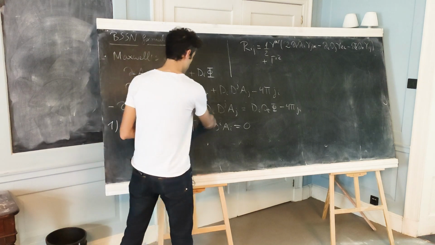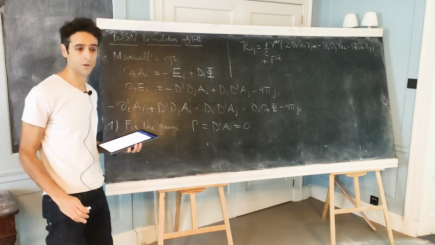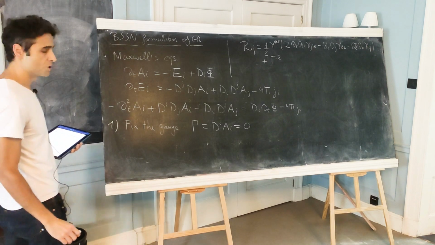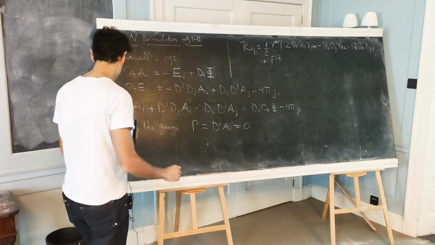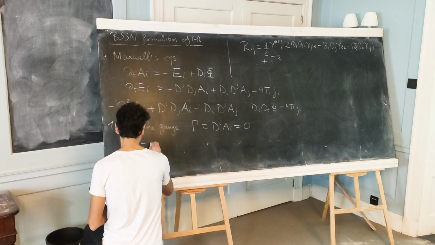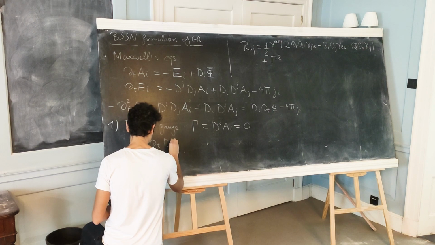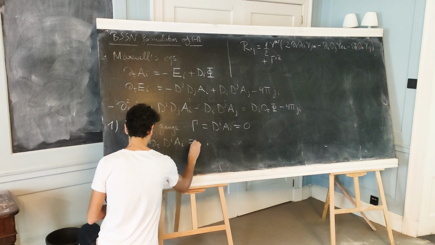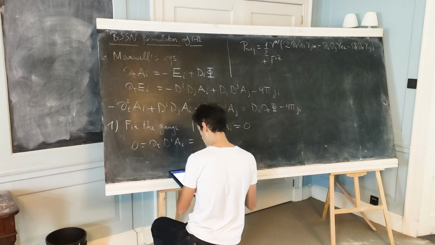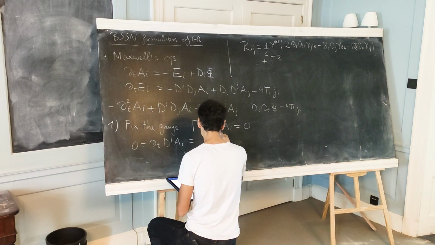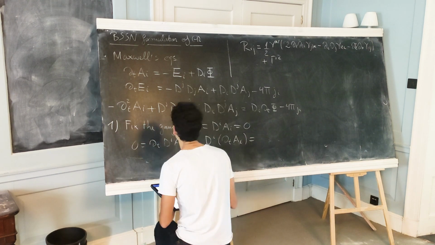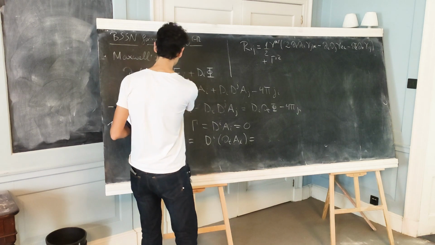Okay, and now if you set this term to 0, you get a wave equation for the vector potential, but this now introduces a constraint. You can derive this constraint in the following way. You know that this has to be 0. Now you can commute these derivatives, and now you can use this equation.